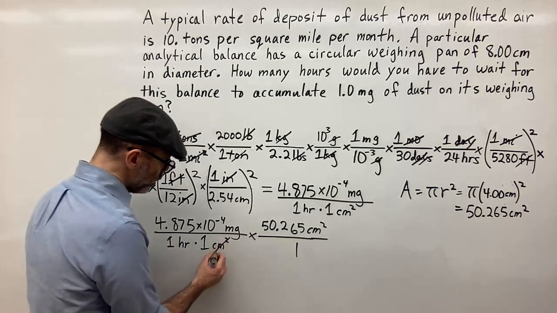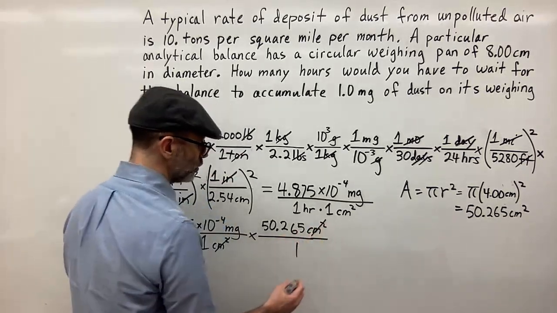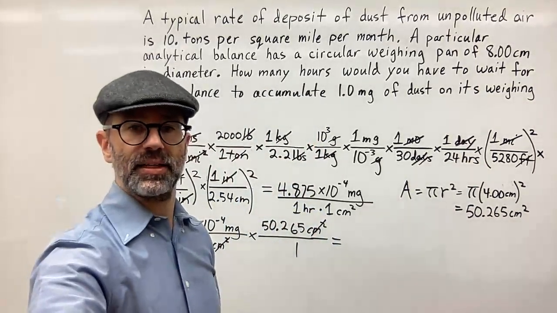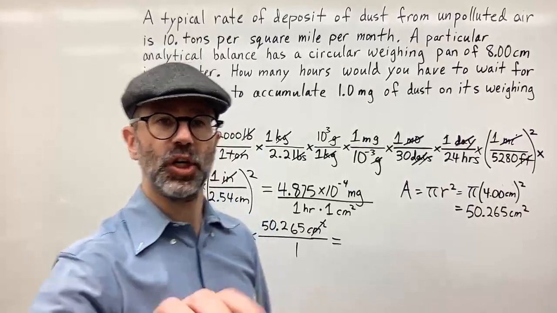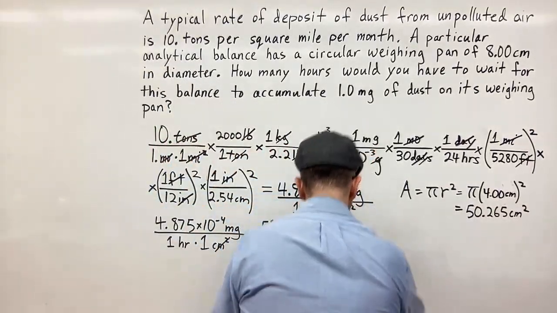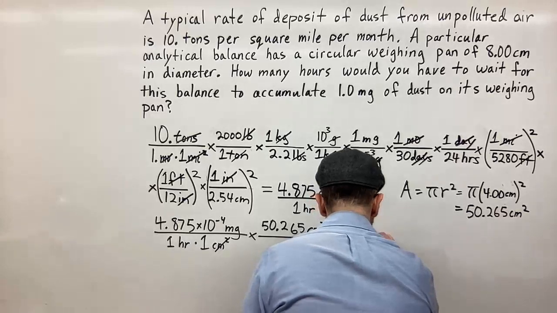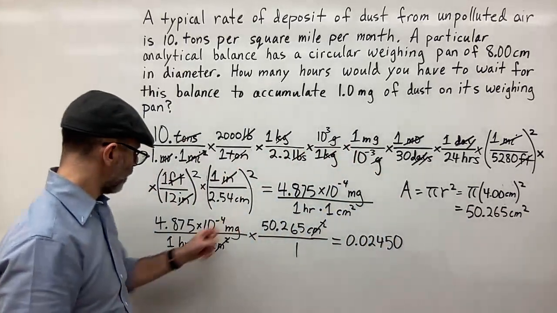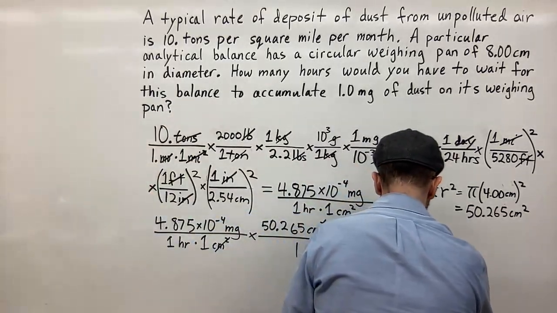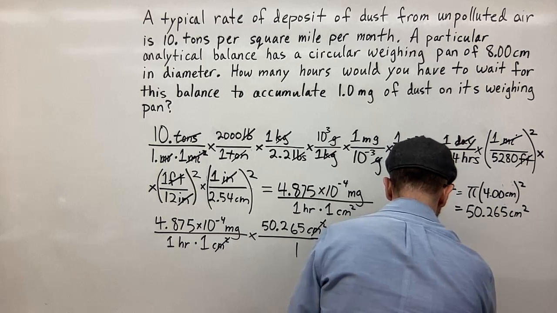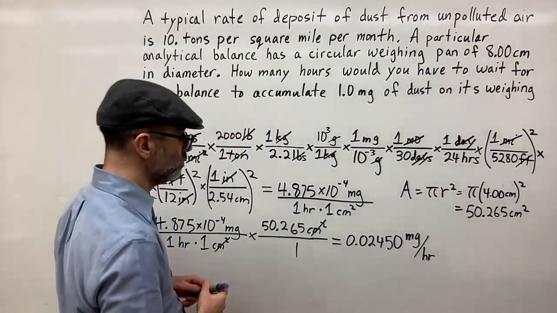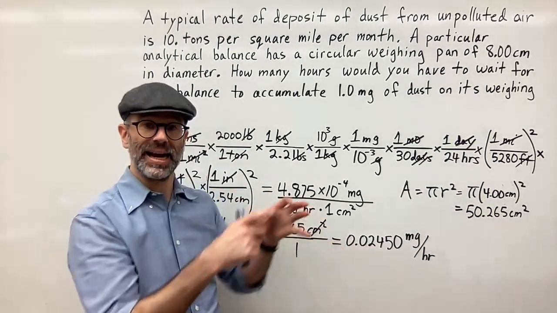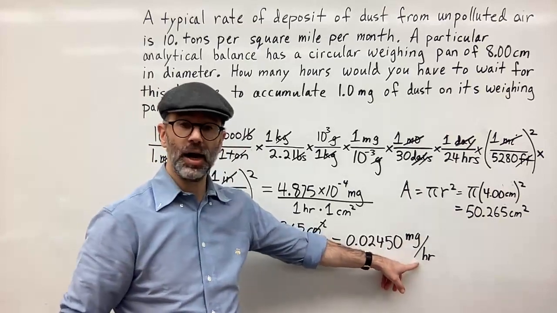So then centimeters squared cancels out with centimeters squared. And when I calculate that, I get 0.02450 milligrams per 1 hour. So this is the amount of milligrams that are going to settle on that area per hour.